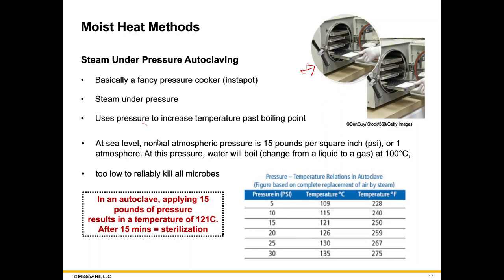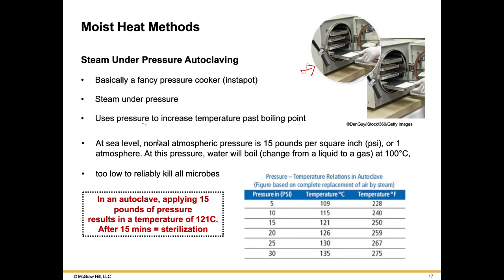So it uses that pressure to increase temperature past boiling point. For reference, if you just put water in a pot on the stove, not in the Instapot, it will reach boiling point at 100 degrees Celsius, or 212 degrees Fahrenheit. But if I put something in an Instapot or an autoclave, in the case of the microbiology world, it's going to increase the temperature past boiling point, because not only is it heating it up, but it's also putting pressure on it.